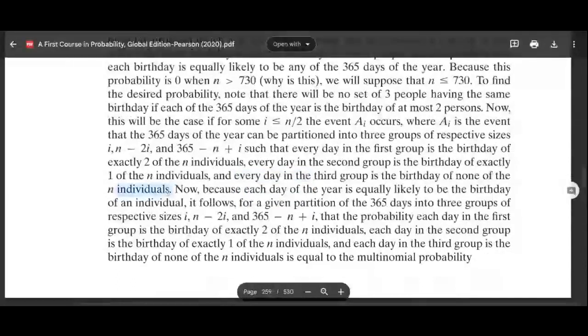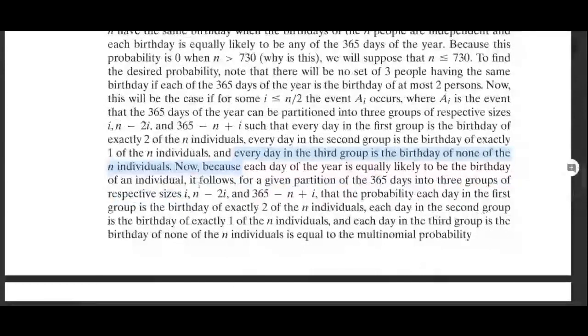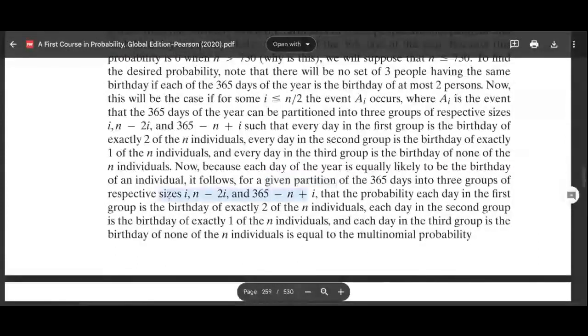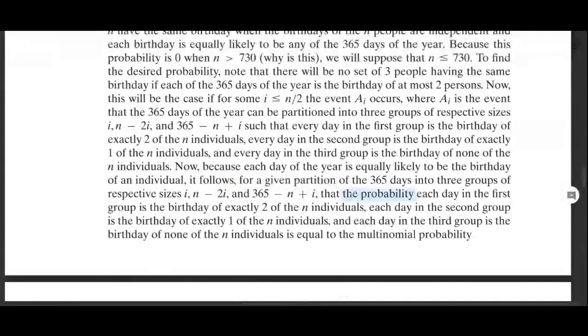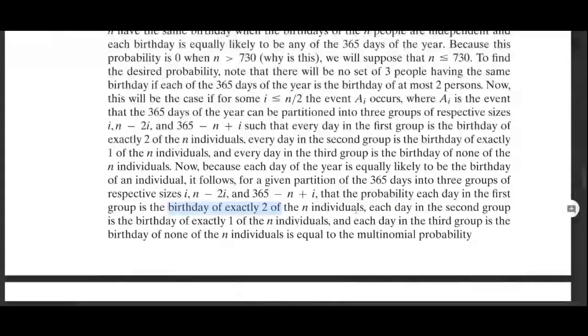Because each day of the year is equally likely to be the birthday of any individual, it follows for a given partition of the 365 days into 3 groups of respective size that the probability each day in the first group is the birthday of exactly 2 of the n individuals is repeated.